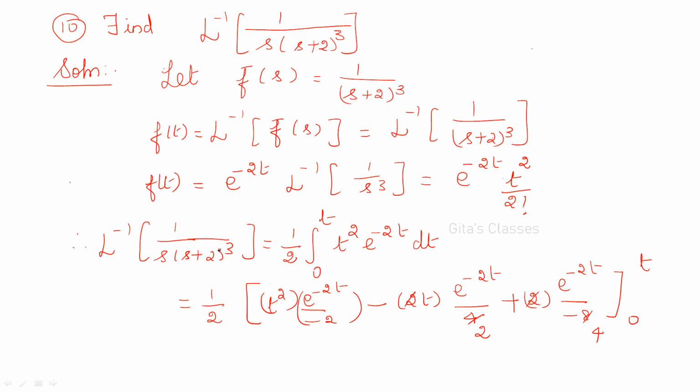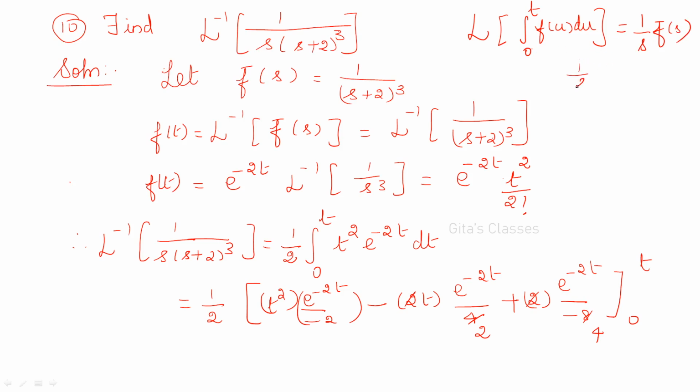Therefore L inverse of this is equal to 1 by 2 into f of t. Actually you know that L of integral 0 to t f of u du is equal to 1 by s into f bar of s. So this is the formula.